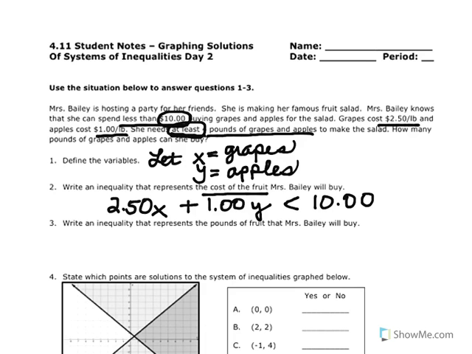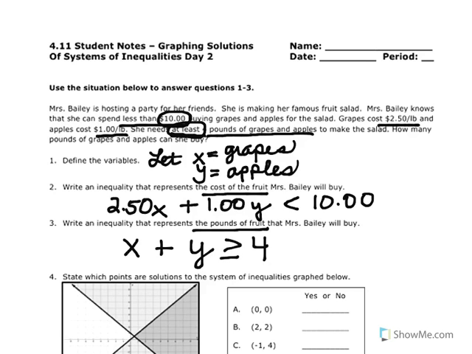Then it says write an inequality that represents the pounds of fruit that Mrs. Bailey will buy. Well, if x is the total amount of grapes and y is the total amount of apples, x plus y needs to be greater than or equal to 4. And that's what we would use to set up our inequalities.